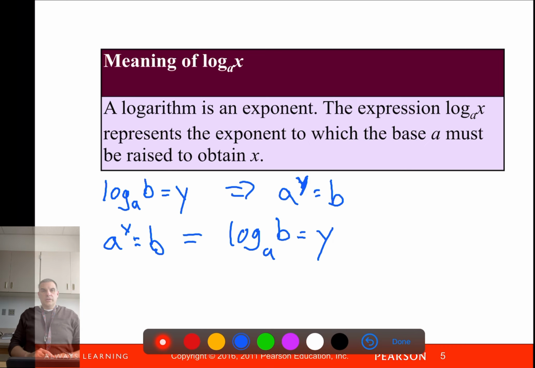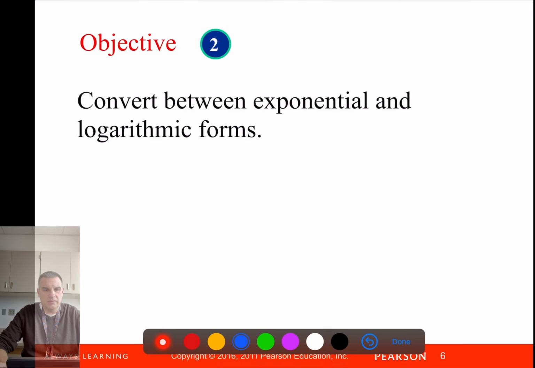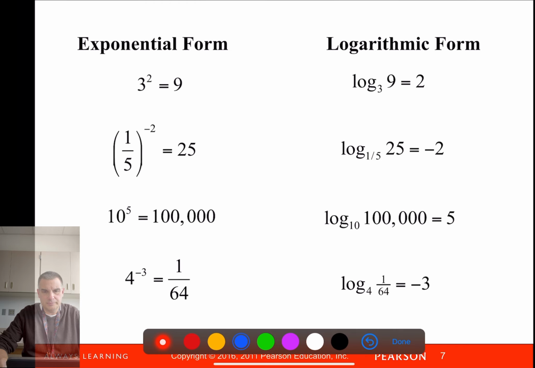And we want to be able to write these in each form. So if you're given something in logarithm form, you want to be able to write it in exponential form. If it's given to you in exponential form, you want to be able to write it in logarithmic form. We want to be able to go between those two things. So we're going to start out by converting between exponential and logarithmic form.